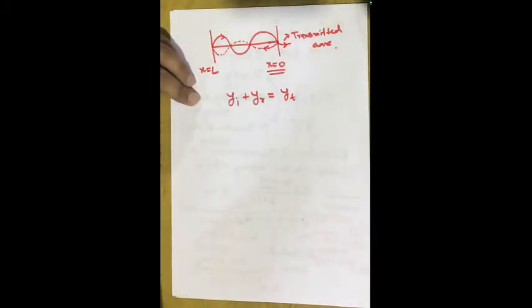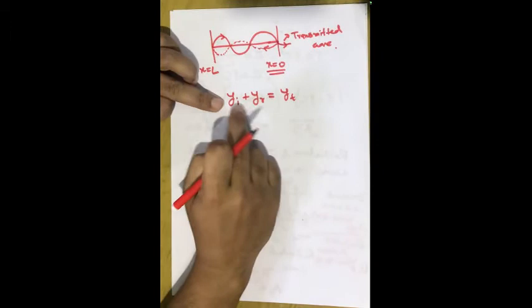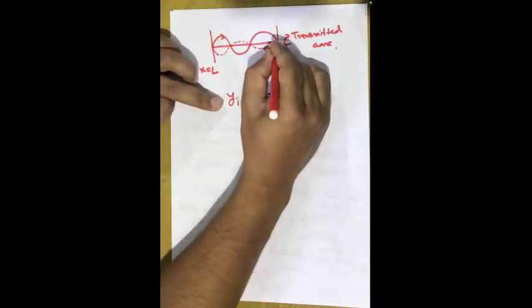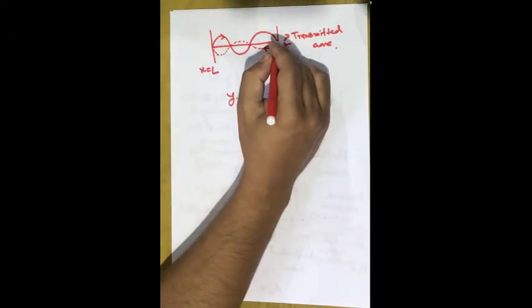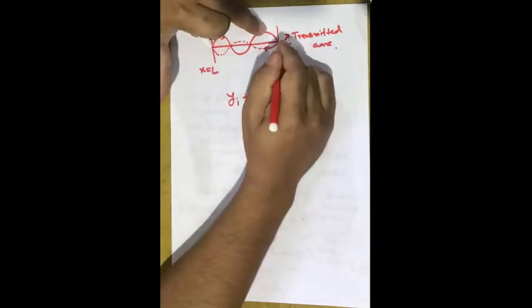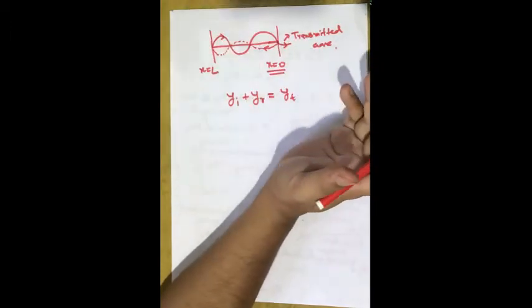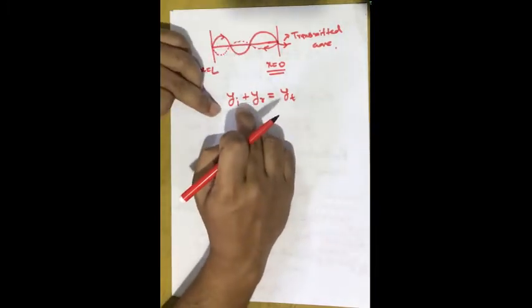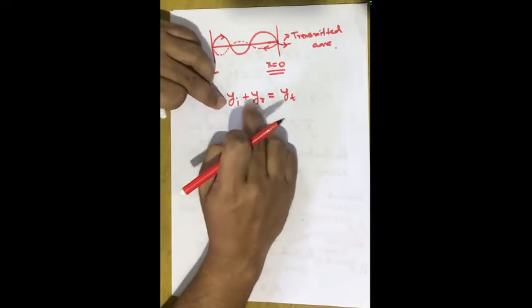So at x equal to 0, we can write yi plus yr is equal to yt. It's as simple as that.